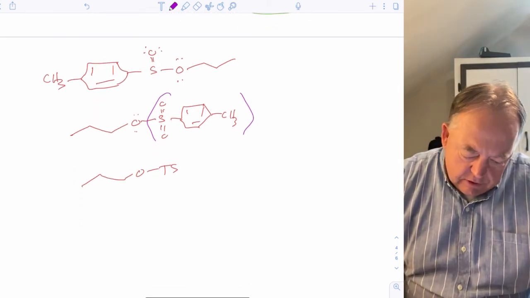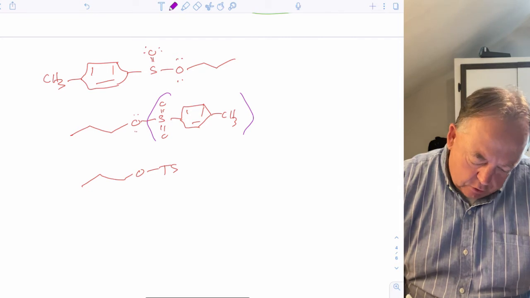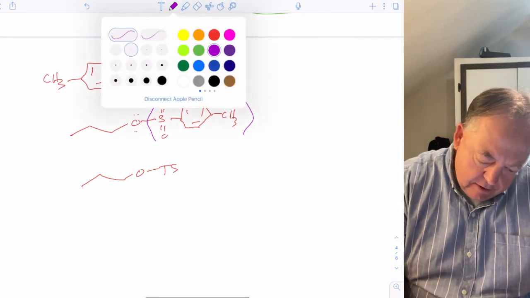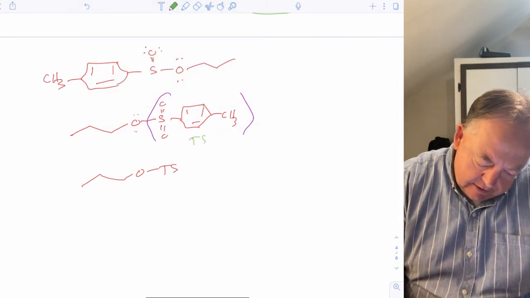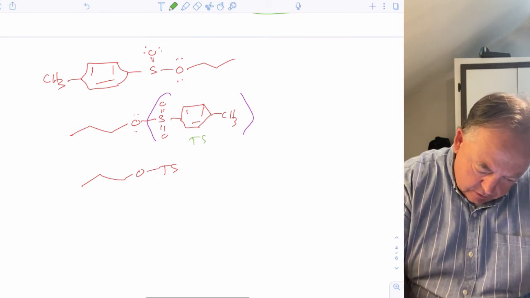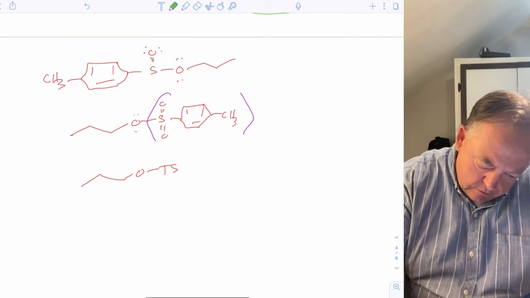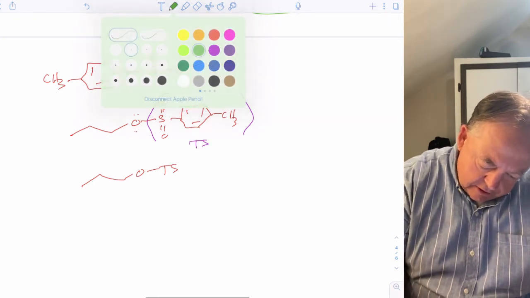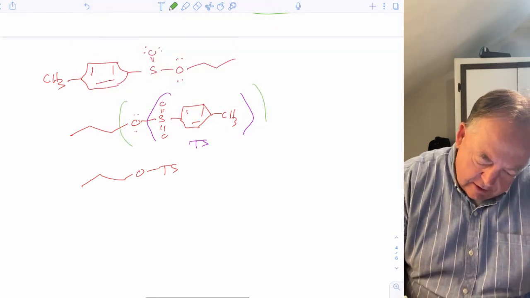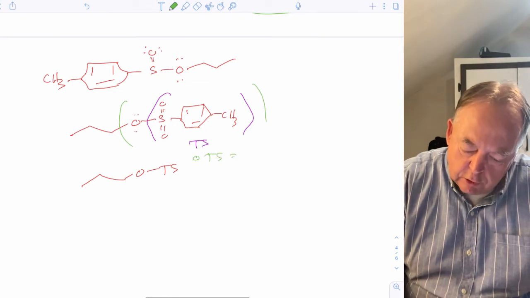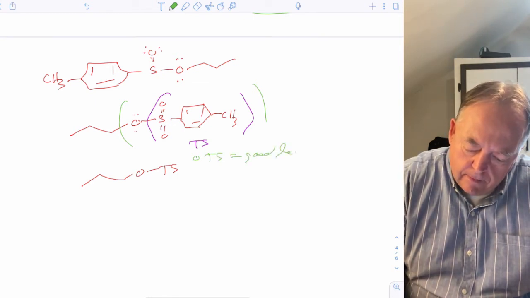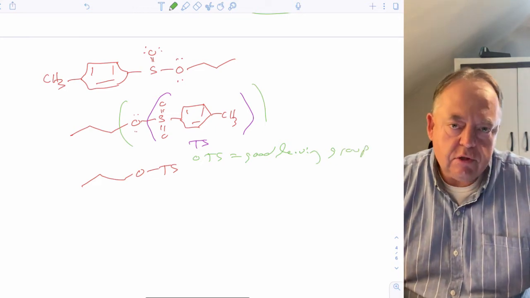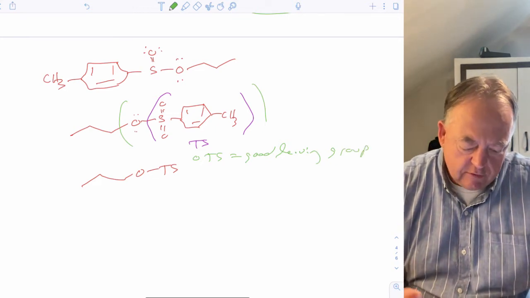And so the significance now is the OTs group, the entire thing. That's Ts, or if we consider the entire thing, that's OTs, and that's a good leaving group. So again, we took the OH, which is a poor leaving group, and converted it into a good leaving group.